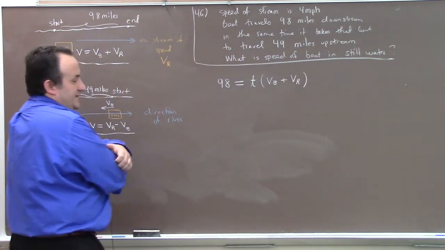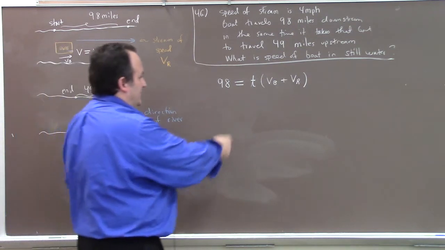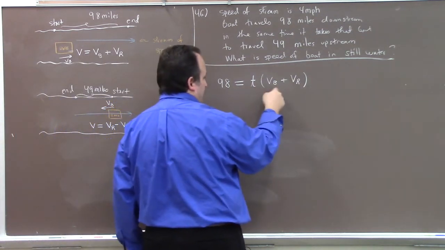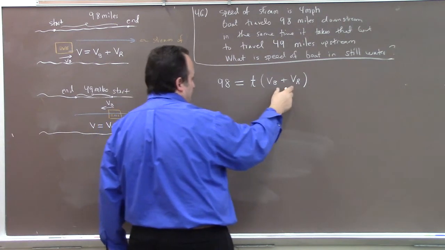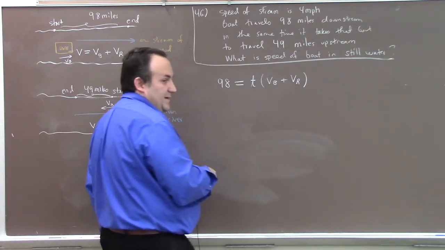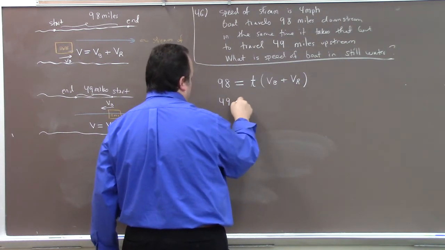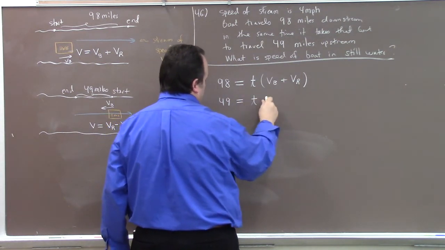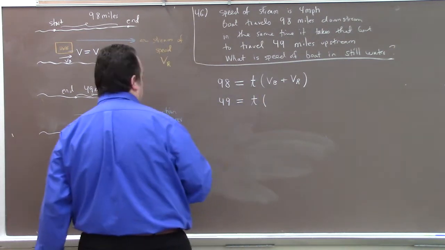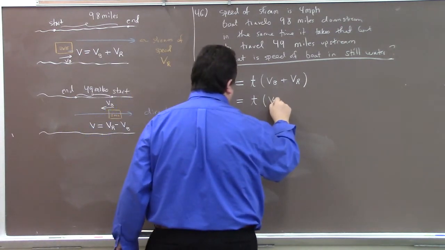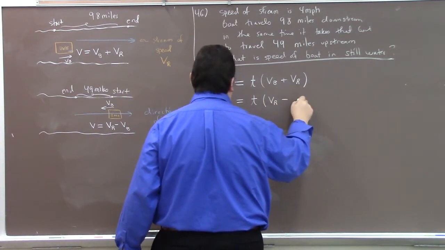Distance is time times velocity. On the other hand, we have 49 is equal to that same time times VR minus VB.